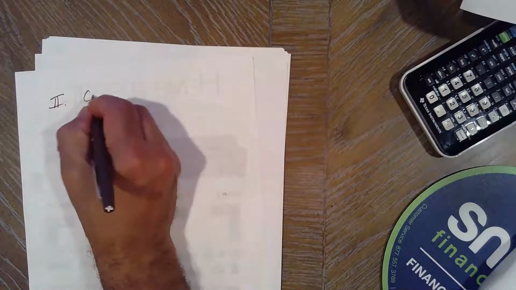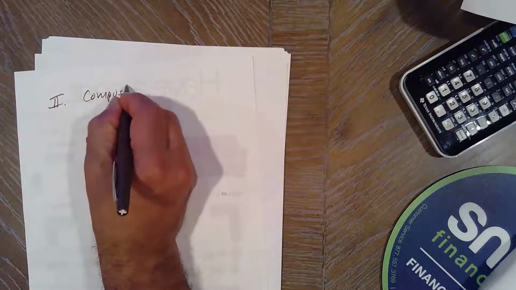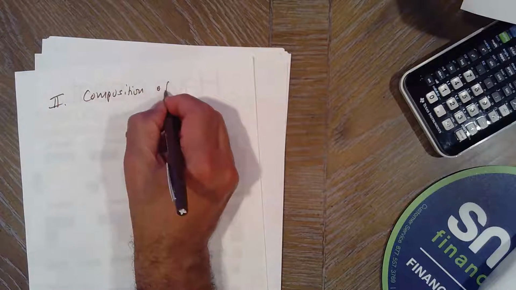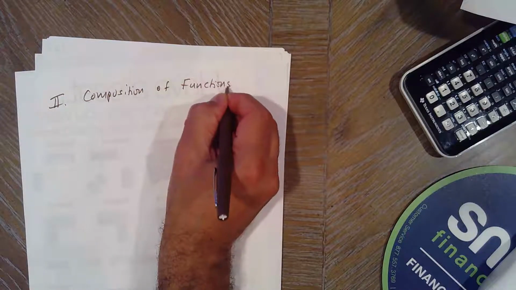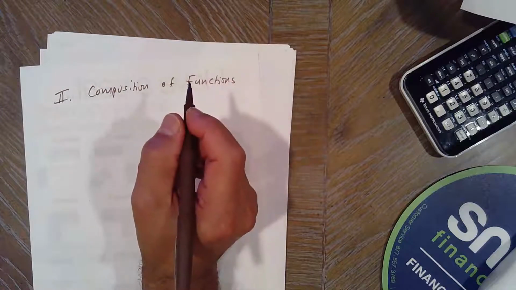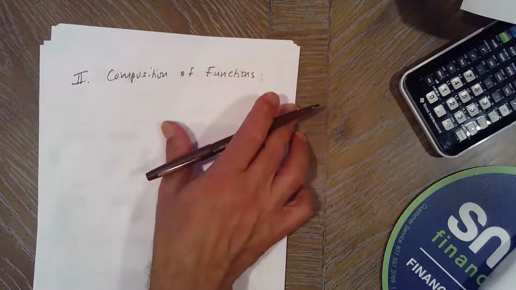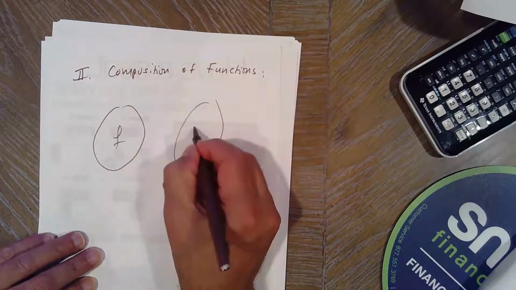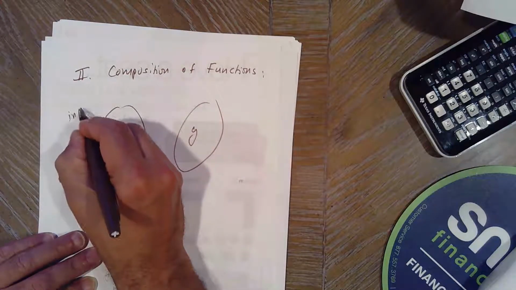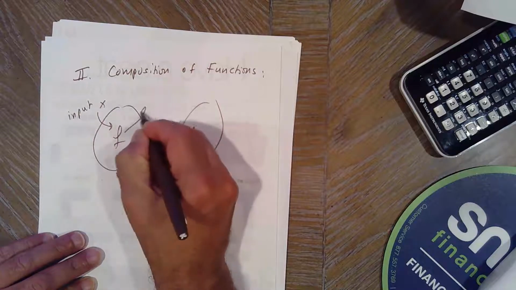The next new function is called composite functions. So now if we take f and put it next to g and we input x into f, we get an f of x.